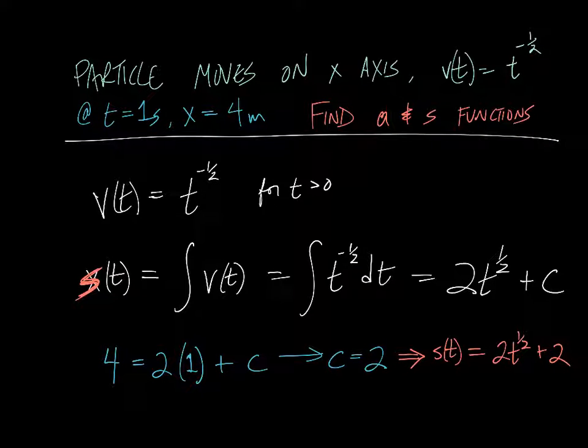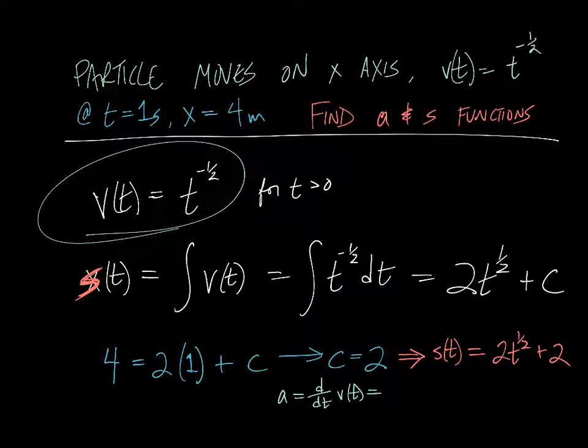Now the acceleration would just be the derivative of the velocity function. So that's going to be the time derivative of our velocity function. I'm running out of space on the bottom of my screen here. So looking up, I want to take the derivative of that.